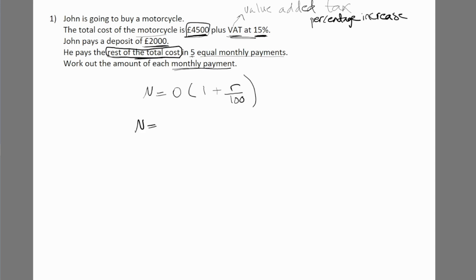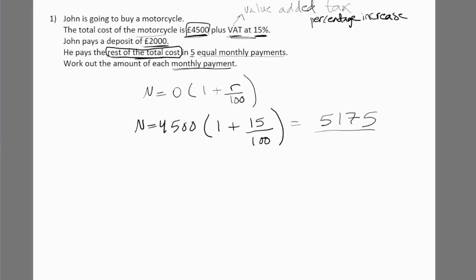The old price is 4,500 multiplied by 1 plus r, which is 15 over 100. This is straightforward. We just plug the entire thing on our calculator. Okay, so we get £5,175.